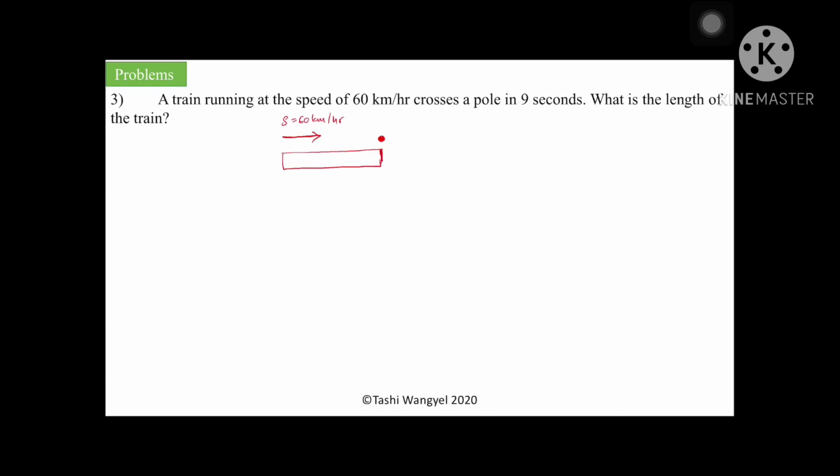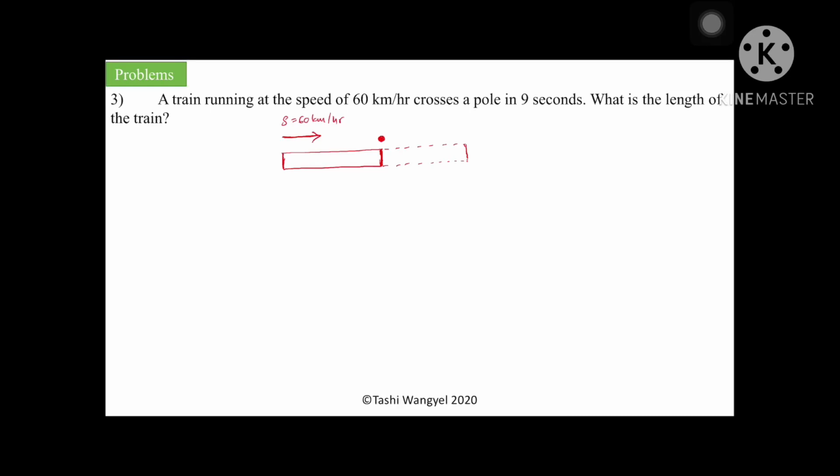When it crosses the pole, consider the tail of the train and the initial position. For the train to cross the pole, it takes 9 seconds.